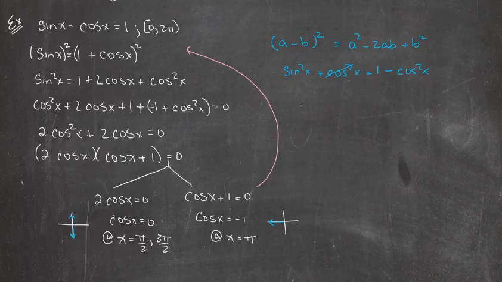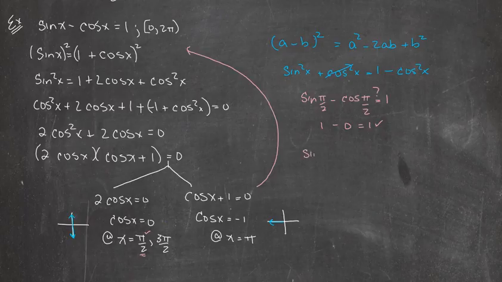So the first check will be at pi over 2. So sine of pi over 2 minus the cosine of pi over 2 equals 1. And we're not sure, so we're going to check it. Well, the sine of pi over 2 equals 1 minus the cosine of pi over 2 equals 0, so 1 equals 1. That's true, so we know that one is a solution.